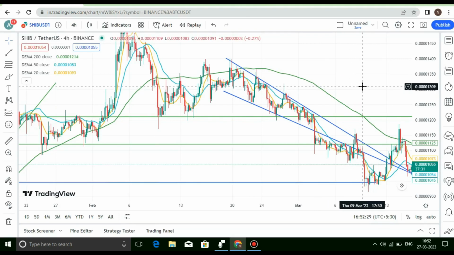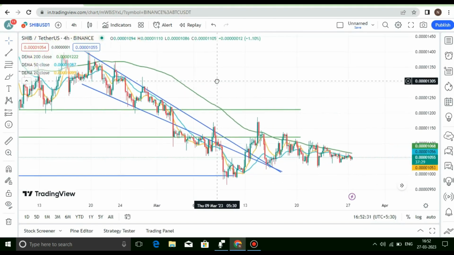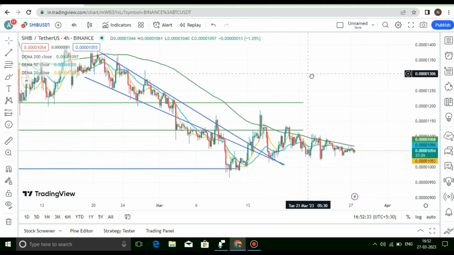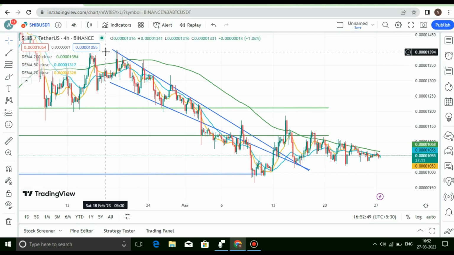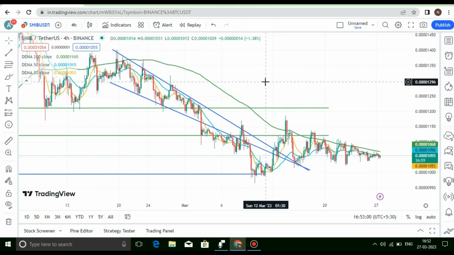So I will be giving you an example by analyzing the Shiba Inu token with the help of indicators, which I was analyzing in Bitcoin: the 3 indicators, the double exponential moving average of 200-day, the exponential moving average of 50-day, and of 20-day. Now I want to tell you one thing, that this chart is a 4-hour. You can see the time frame over here, and in Bitcoin the time frame which I was using was the 1-day time frame, that was 24 hours.